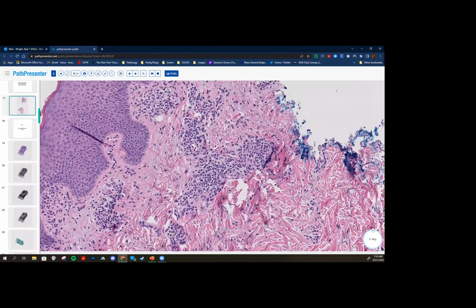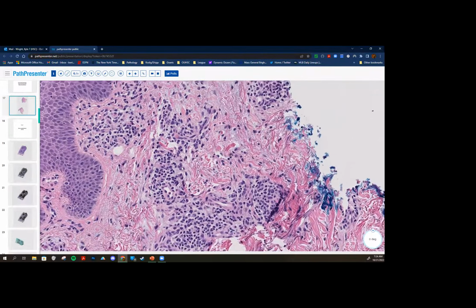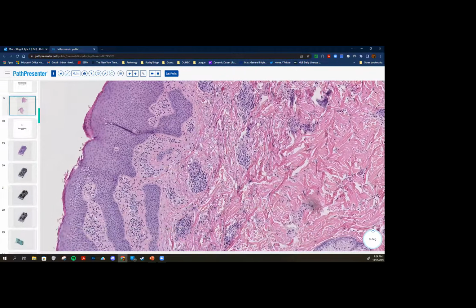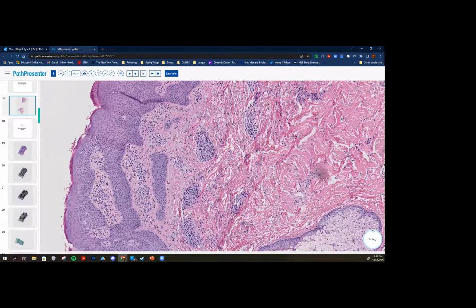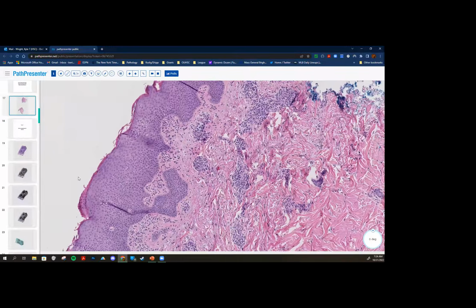So somewhat similar to the last case in that you have this inflammatory infiltrate. It's fairly paucicellular. It's not rambunctious like your typical band-like infiltrates that you might see in a lichenoid-like process. So similar to our last case in that regard, except for the epidermal changes as well as some additional other cell types, including eosinophils.